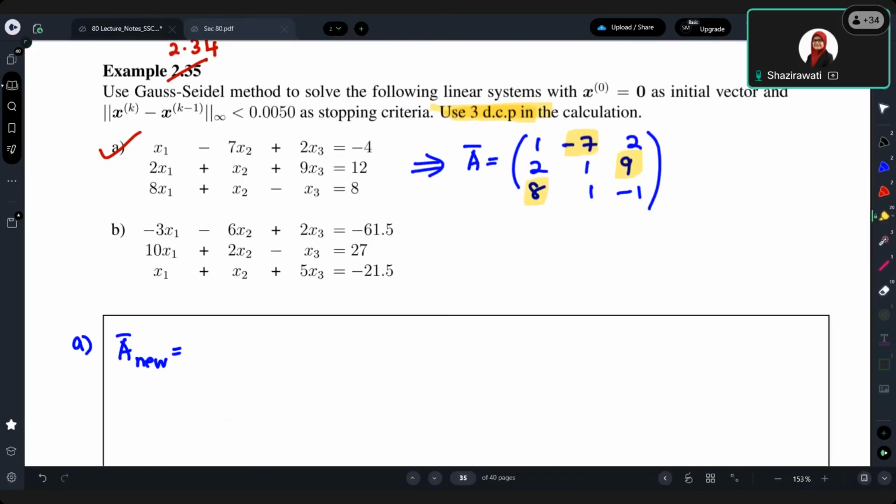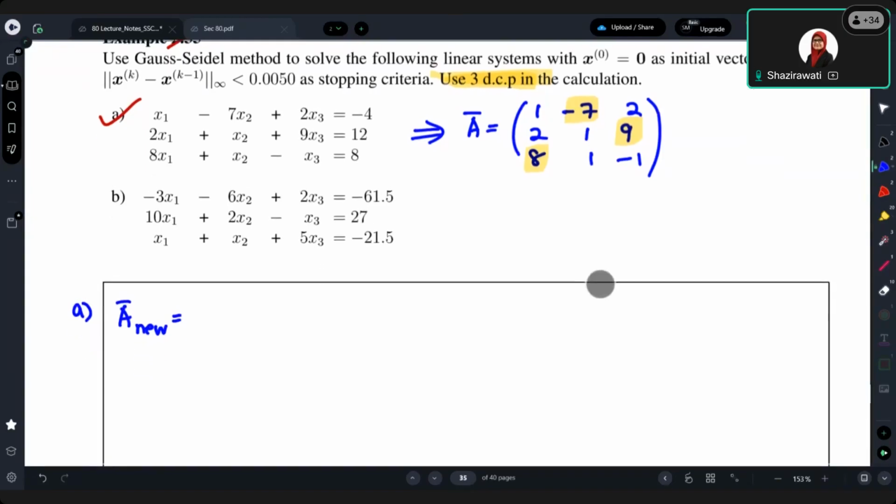Okay, and then you susunlah ikut mana satu, A11, A22, A33. Okay, so you punya sistem yang baru sepatutnya 8, 1, -1, 1, -7, and 2, 2, 1, 9.